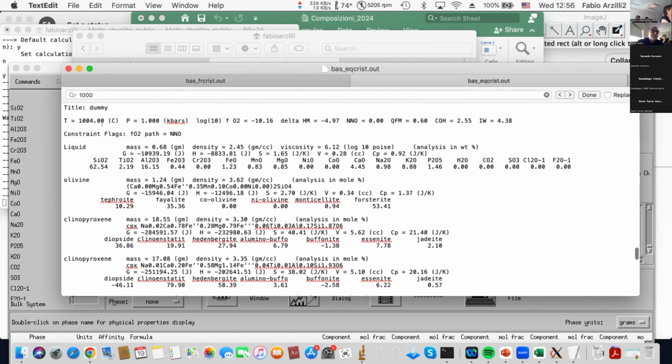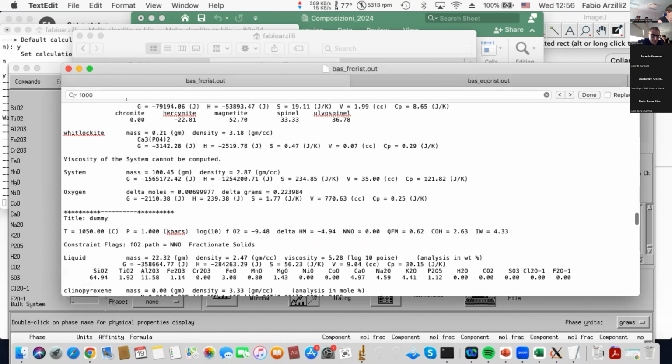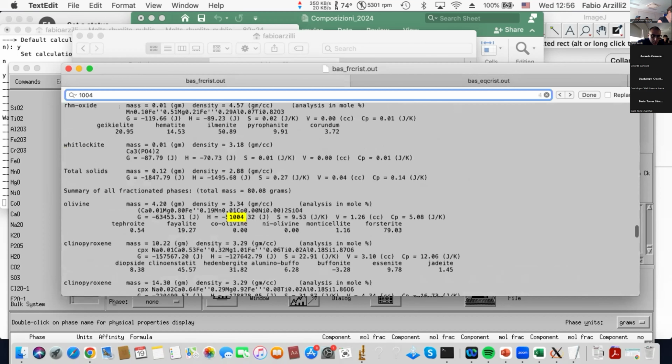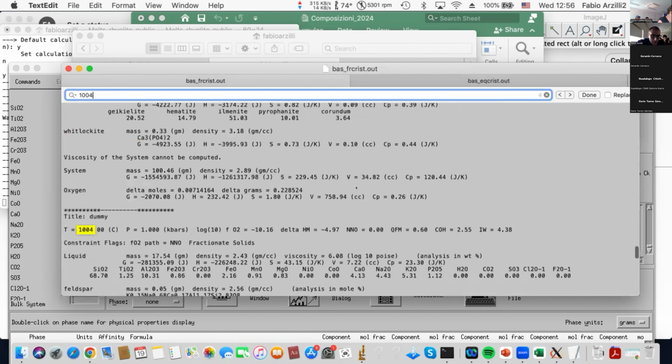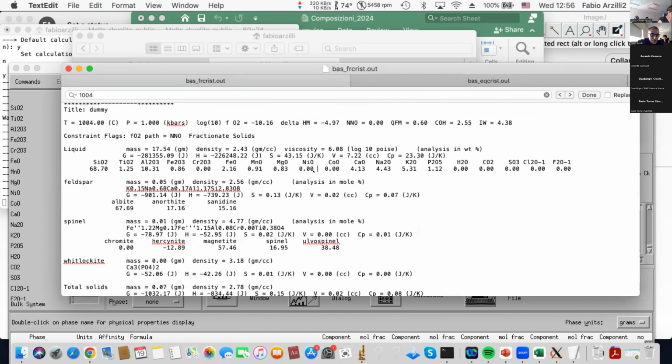Yeah, is it? With this is 62. If we compare 1004 as well, this 1004 for the fractional crystallization.